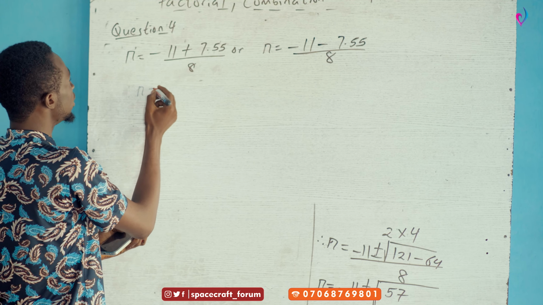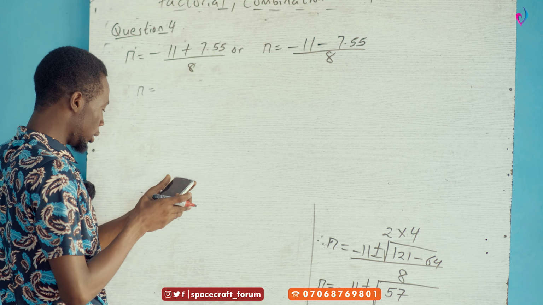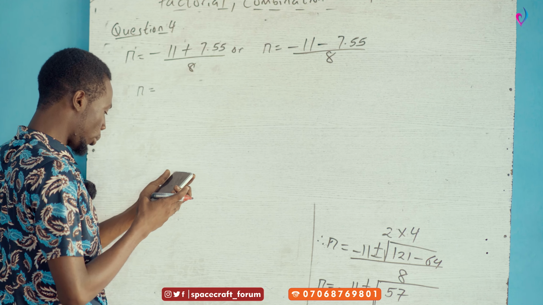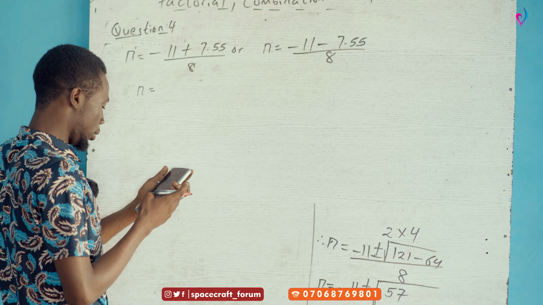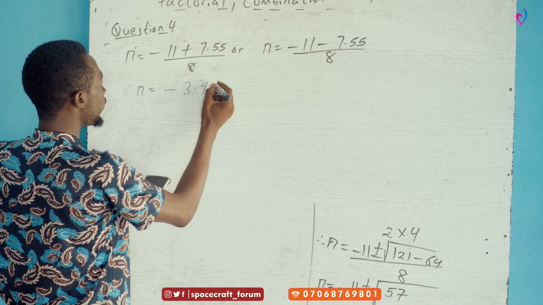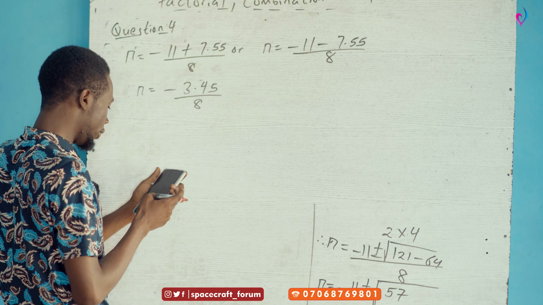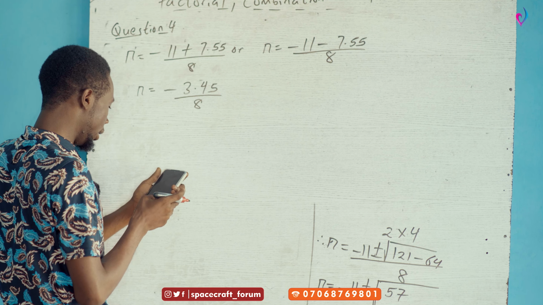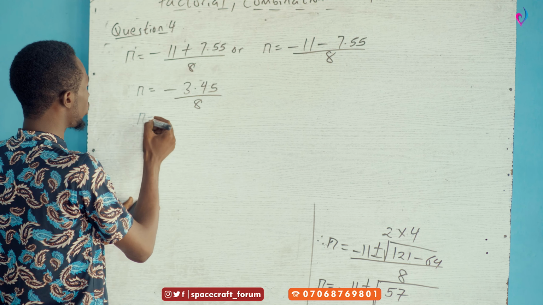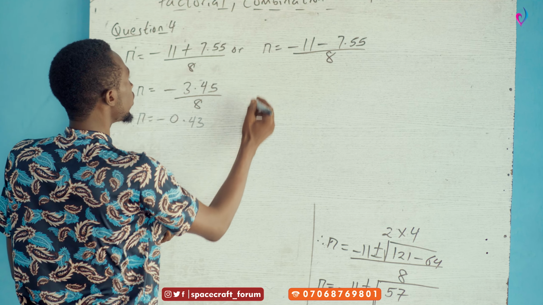So n is equal to minus 11 plus 7.55, which is minus 3.45, then divided by 8. Minus 3.45 divided by 8 is equal to, n is equal to minus 0.43.